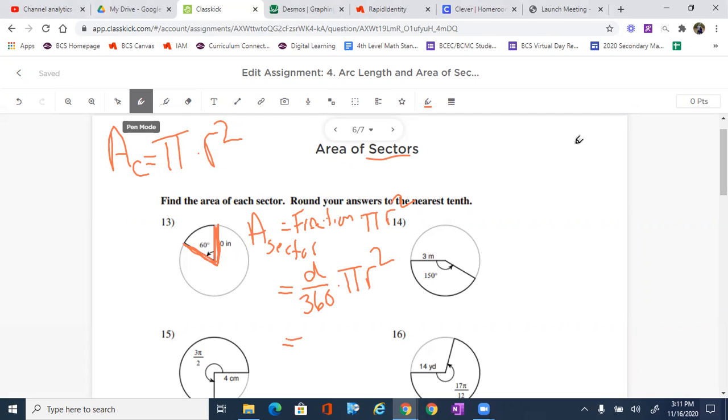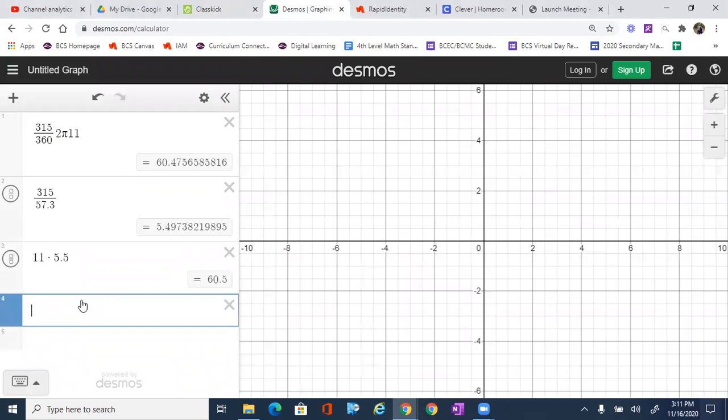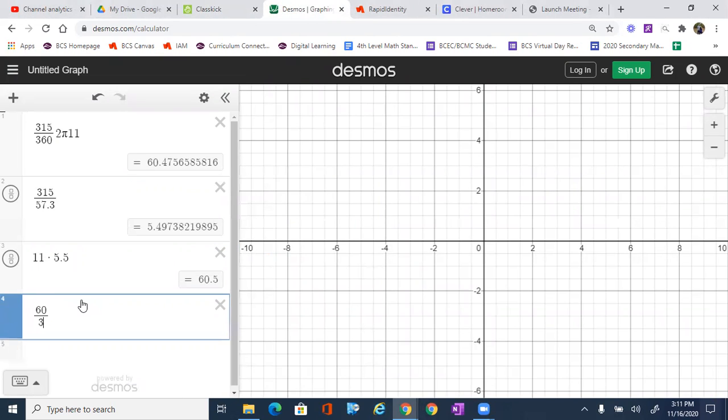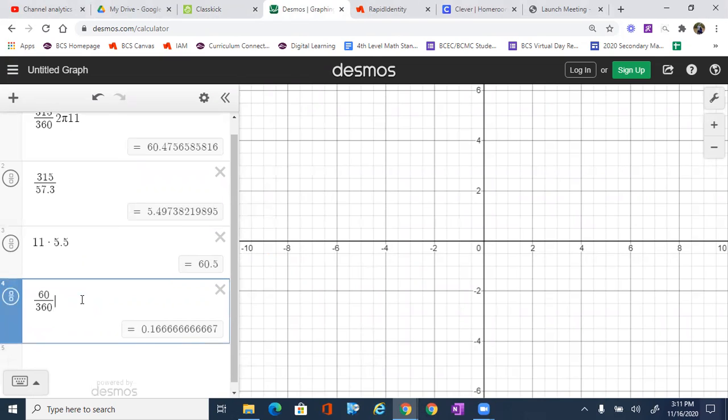And in this case, degree over 360 is going to be 60 over 360 times pi times, what is the radius of this? It is 10 squared. So we have pi times 10 squared, okay? Once we have that, we just go in and type it into Desmos: what is 60 divided by 360 times pi times radius squared, so in this case 10 squared.